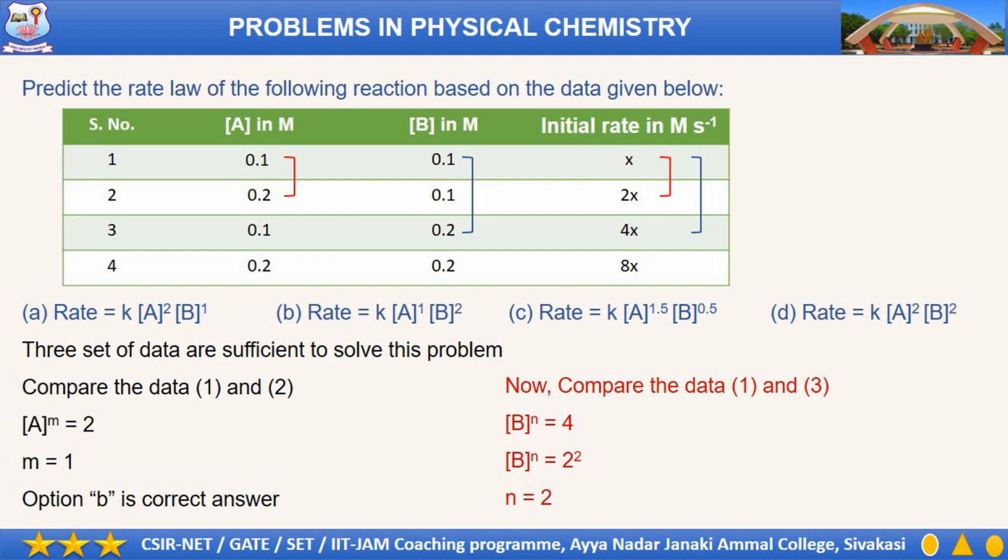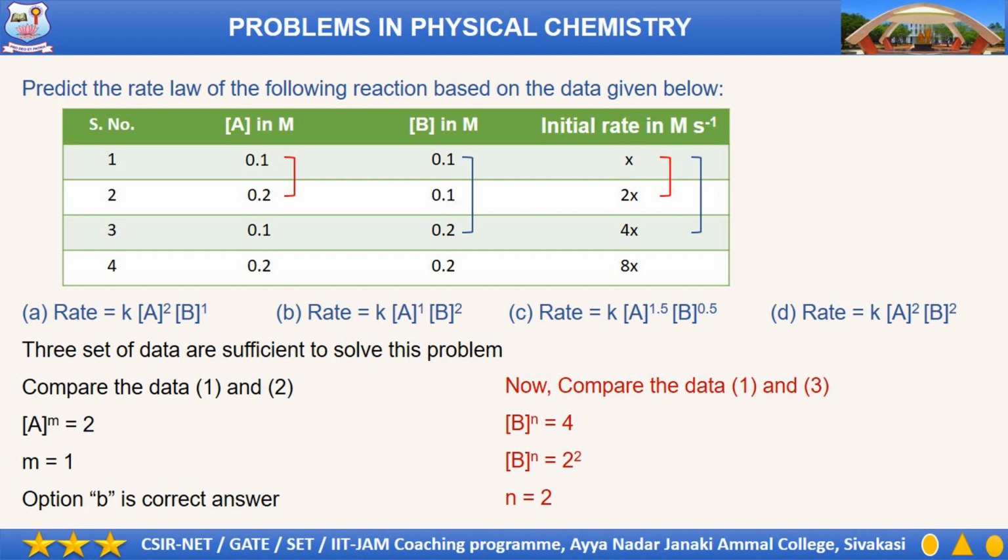C, rate is equal to K into A power 1.5 and B power 0.5. D, rate is equal to K into A power 2 and B power 2, which is the correct answer.